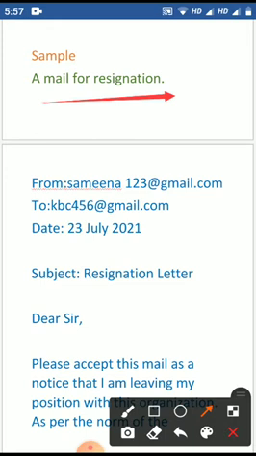She would write, from Samina123@gmail.com to the company's email ID 456@gmail.com. Date 23rd, for example, you can mention the date when you write. Leave the space. Subject, resignation letter. Leave space again. Dear sir, salutation. Space. Then we write the main body.